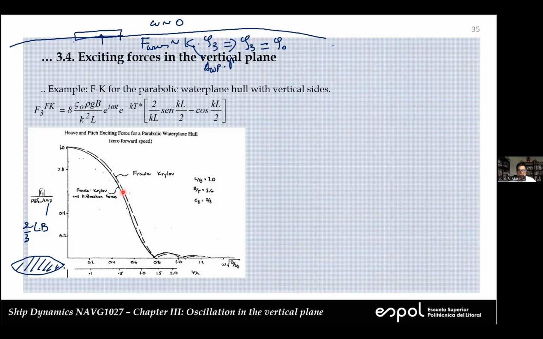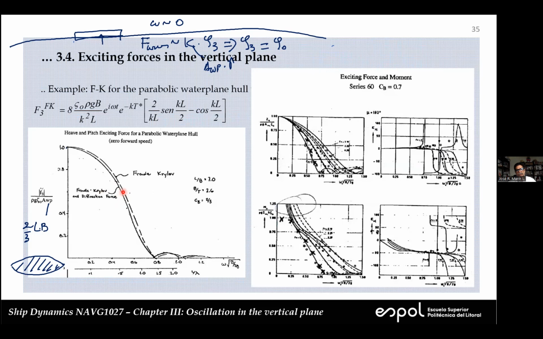Now, the other curve is very nice. Here I have the exciting force in heave, and you see the shape. This is for the Series 60, a series of ships which were developed, I think, in the 1960s, last century.